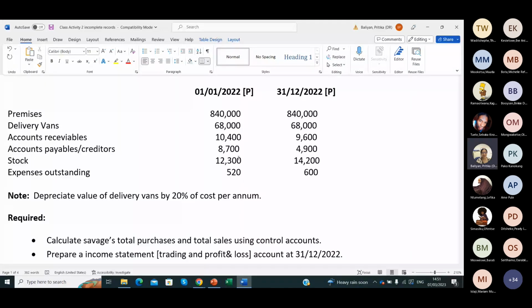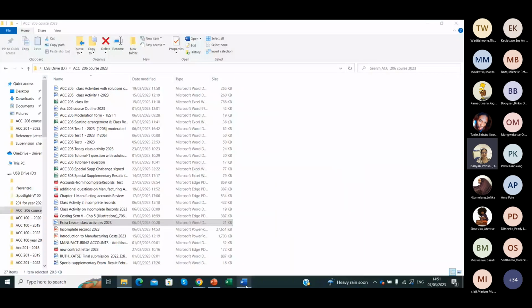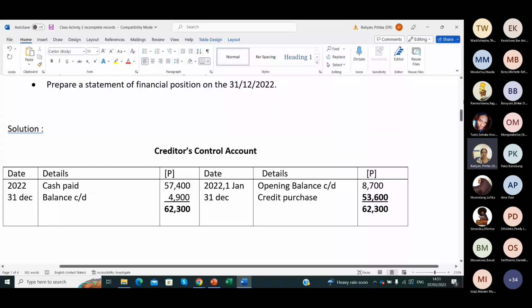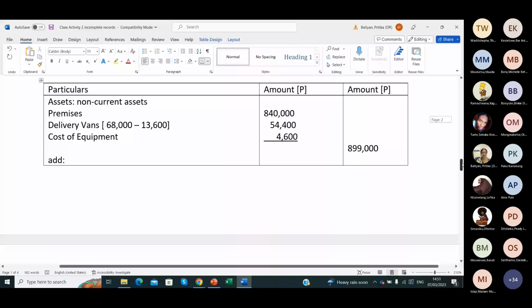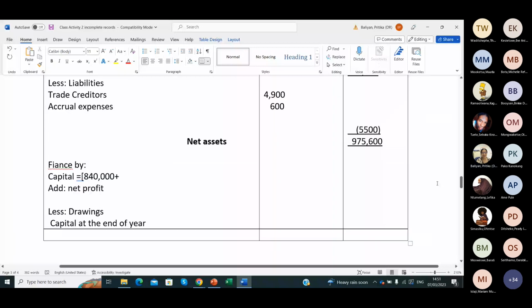That's how we calculate the opening capital. So 84,000, 68,000, 10,400, plus 1,400.